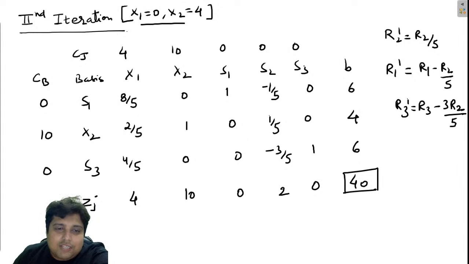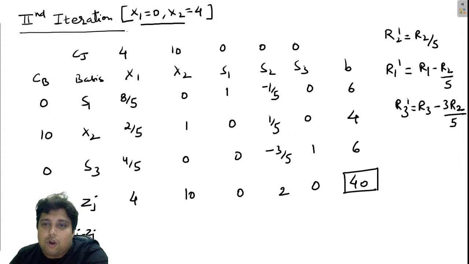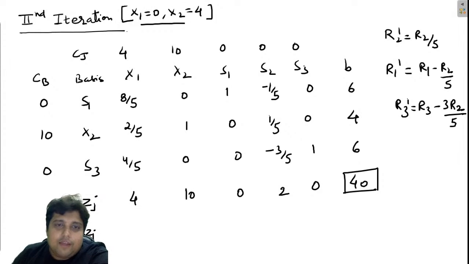Now let me calculate Cj minus Zj to check whether this feasible solution is optimal or not. So for that, 4 minus 4, 0, 10 minus 10, 0, 0, minus 2, 0. So guys, now you can see all the values in Cj minus Zj are 0 or negative. No positive value is here. Nobody is promising to increase the score, and our objective is maximization.